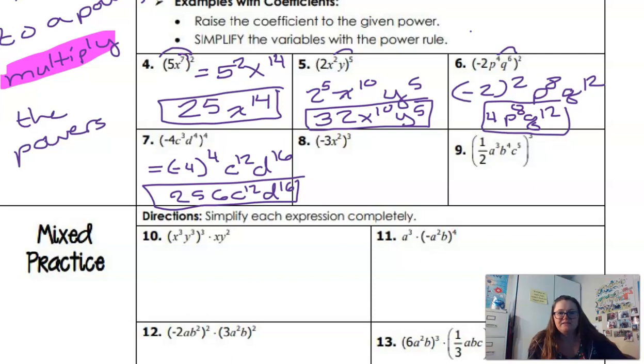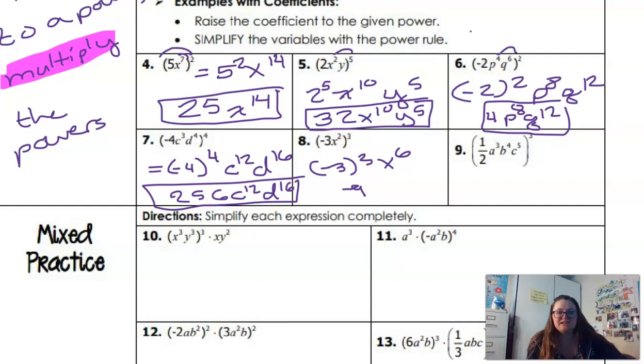Alright, and then here, I worked ahead a little bit by now, but if you want to hit pause and then try this yourself before you see what the answer is, you have negative 3 to the 3rd, x to the 2 times 3 is 6. So negative 3 to the 3rd, that's going to be negative 9.